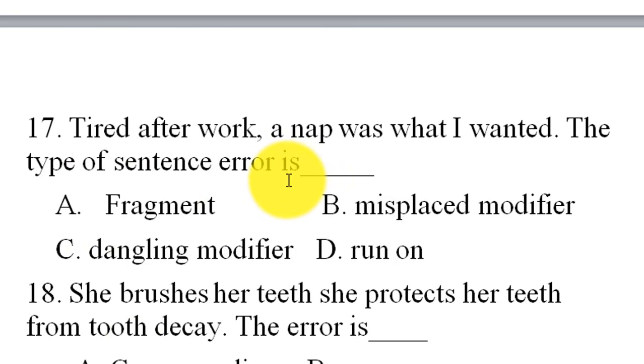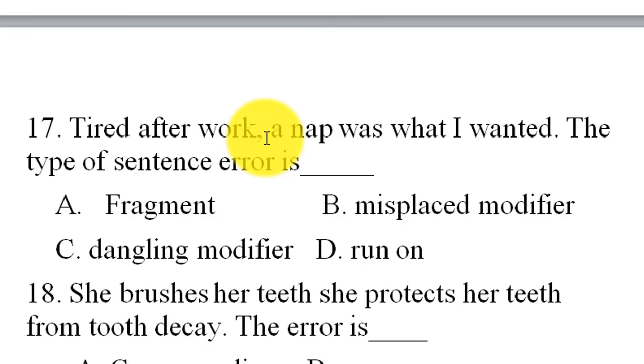Tired after work a nap was what I wanted. The type of sentence error is fragment. Think about fragment: an incomplete thought. What about misplaced modifier, which is placed in a wrong place? So it's not really misplaced here.